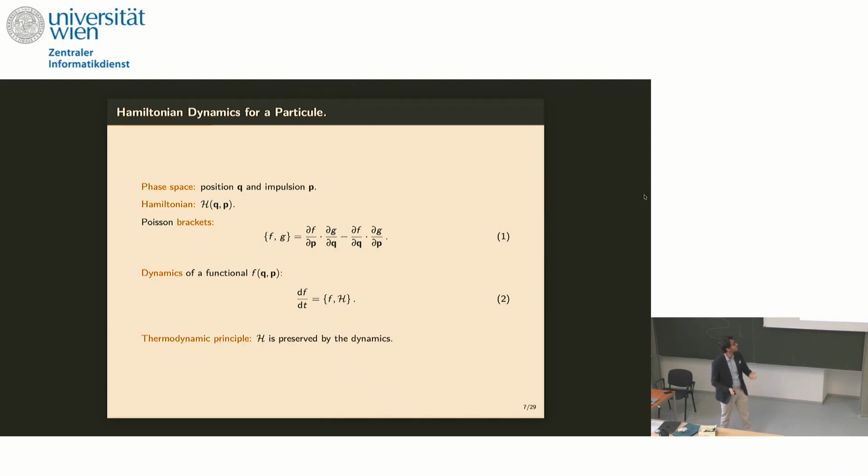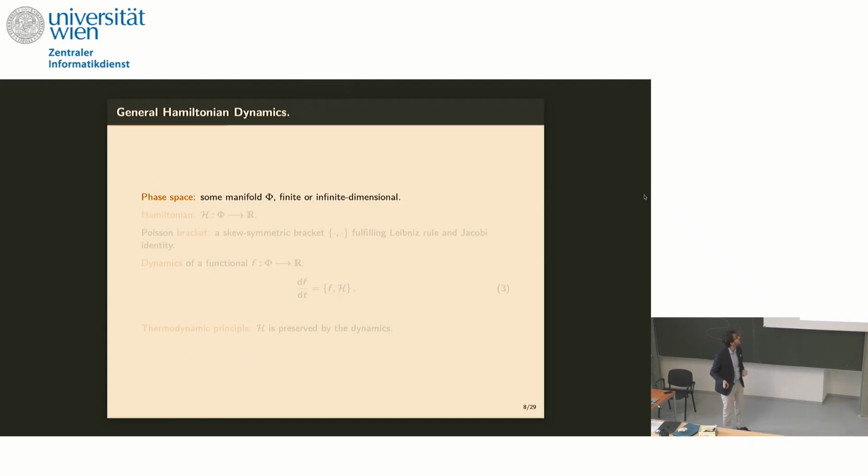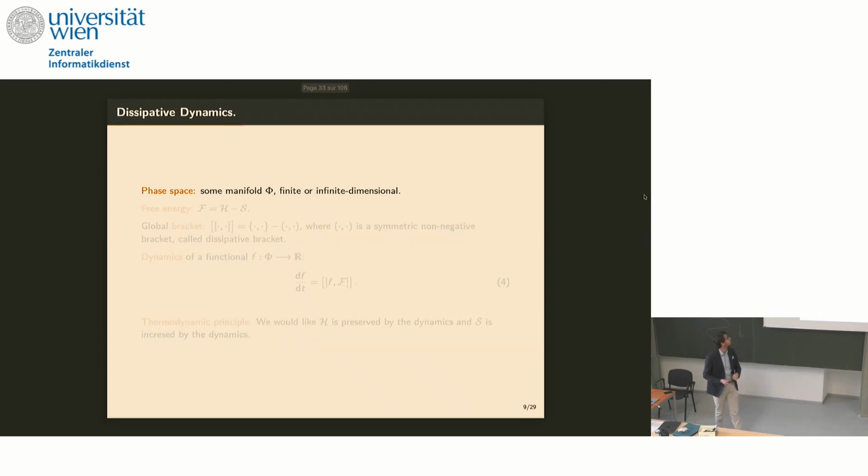And we have the thermodynamic principle, which is that the energy is preserved. So at this point, it is the usual Hamiltonian dynamics that you all know. But now what I want to do is to generalize a little bit. Well, this is just the generalization to any Hamiltonian with any form, of course. I will go directly there.